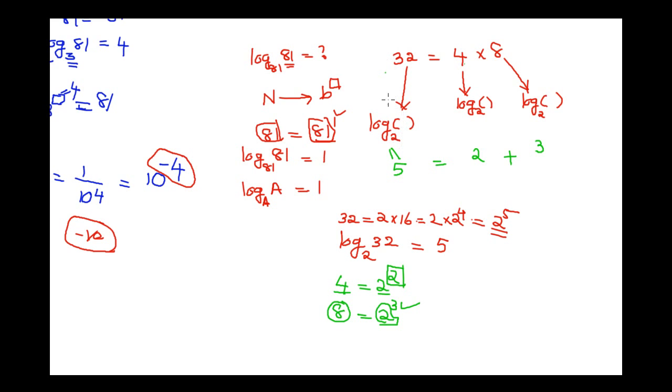That means a multiplication problem in numbers has become an addition problem in logarithm. So logarithm is able to convert a multiplication into an addition. So when you multiply large numbers, this property can be utilized.